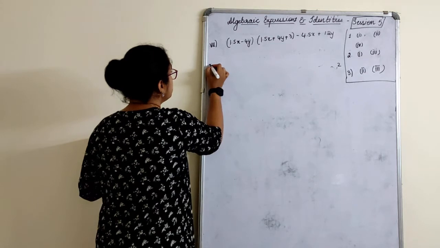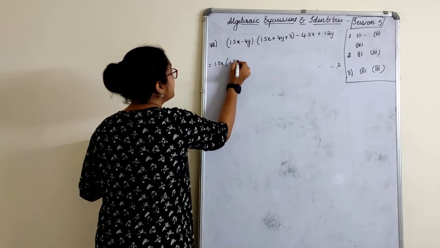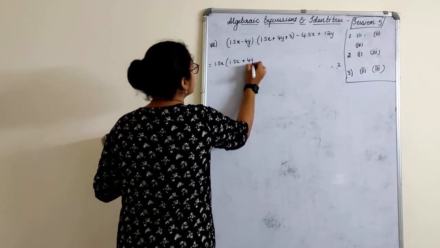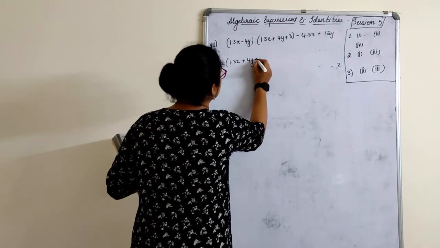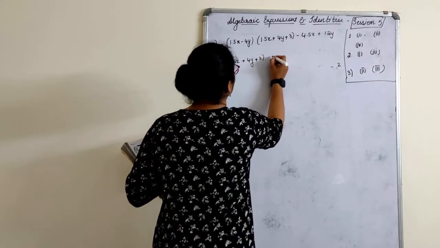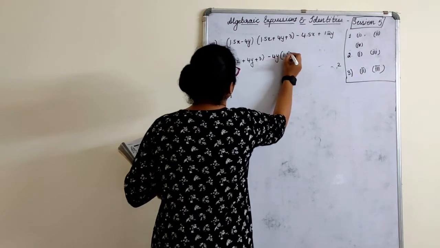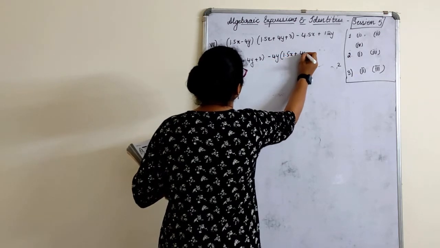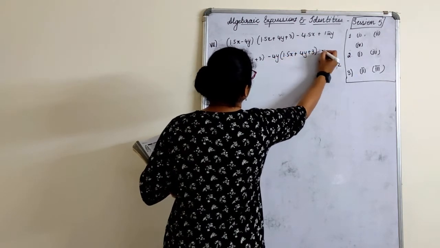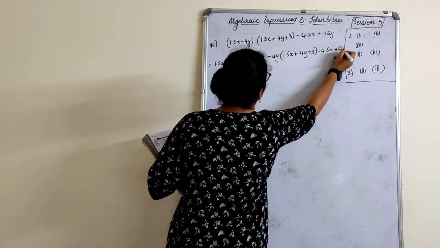Only take this line part here. 1.5x of 1.5x plus 4y plus 3 minus 4y of 1.5x plus 4y plus 3 minus 4.5x plus 12y.